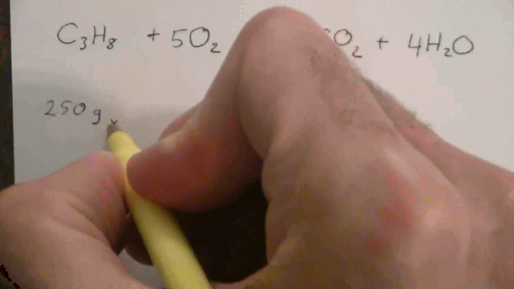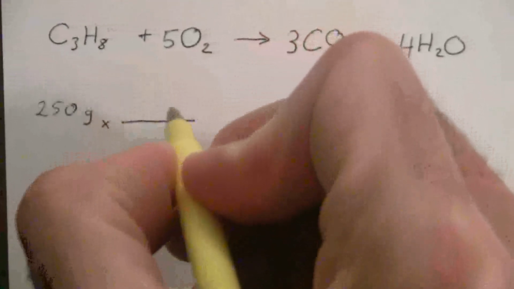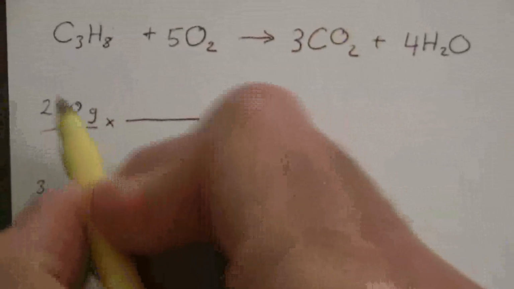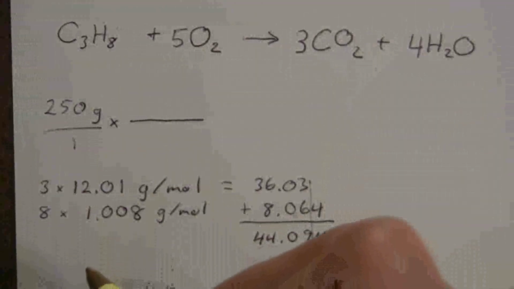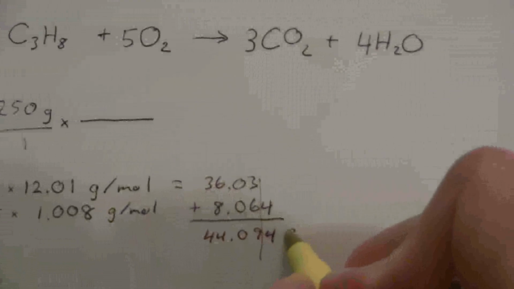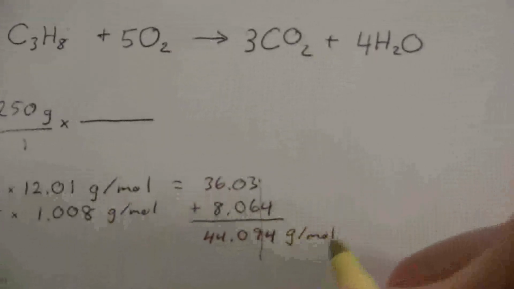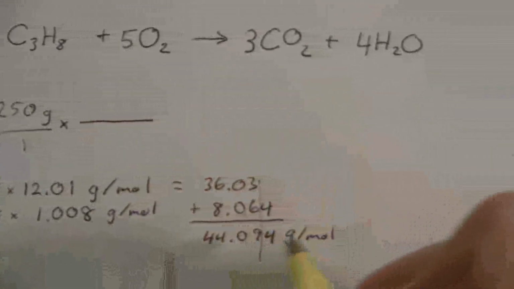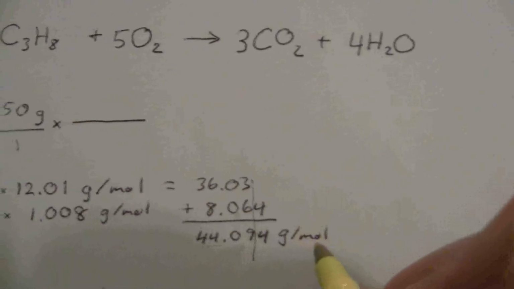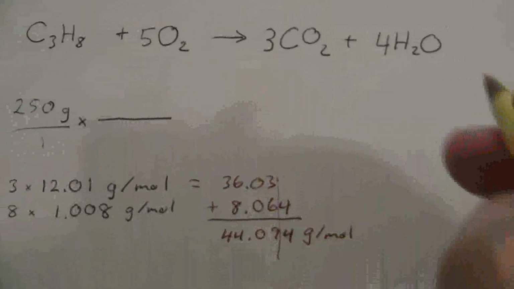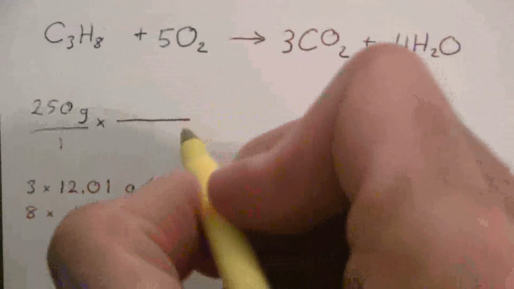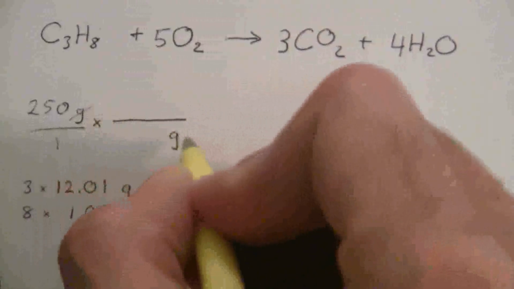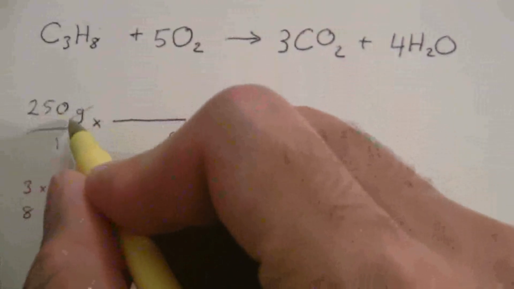All right, and so what we'll have is our 250 grams, and the units again, grams per mole. 44 grams of propane is 1 mole, or 1 mole of propane weighs 44 grams. So I need those grams to be on the bottom so that they will cancel with the grams that I'm starting with.